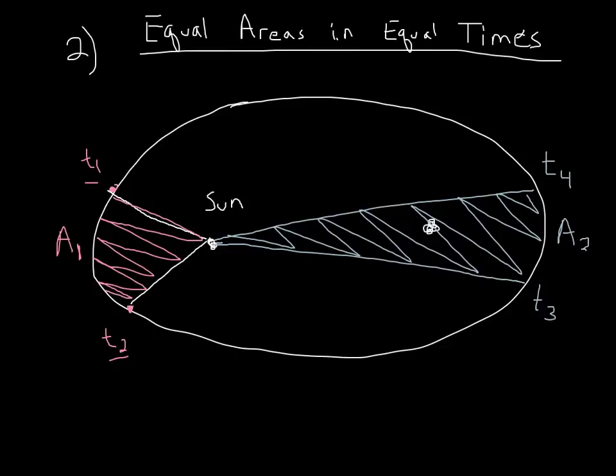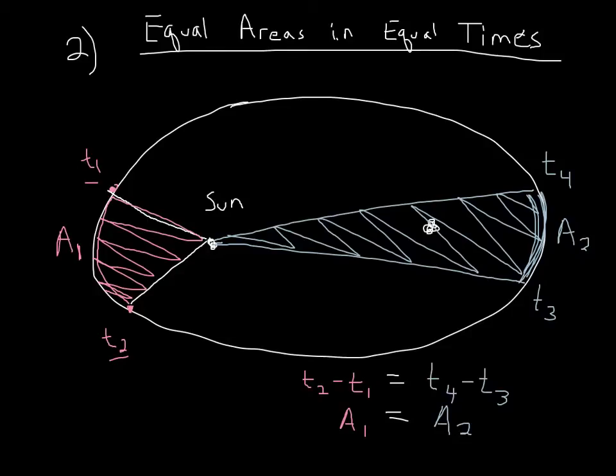And what Kepler's second law tells us is that if t2 minus t1, the time that it takes for this first area to be swept out, is equal to t4 minus t3, the time that it takes for this second area to be swept out, then I know that area 1 is equal to area 2.